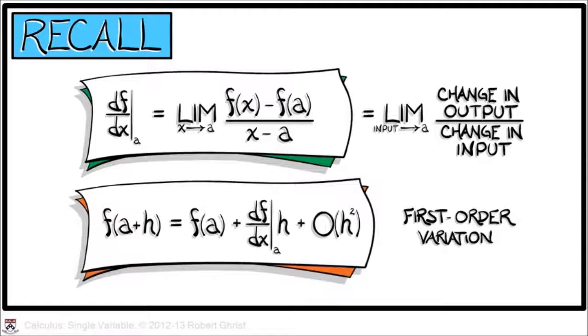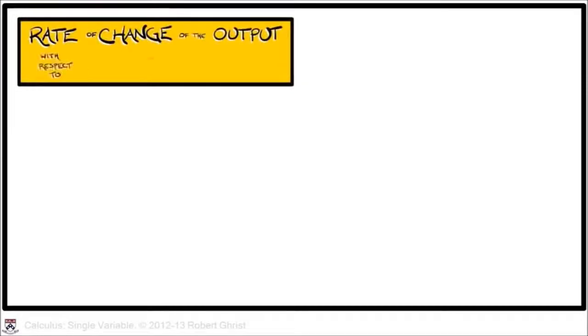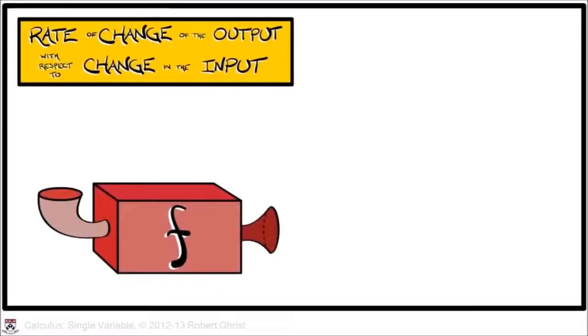One changes the input to f by a small amount, h, and looks at how the change in the output depends upon h. If you like, it's the coefficient of the first-order term in the Taylor series of f at a. From these definitions flows the interpretation of the derivative as the rate of change of the output with respect to change in the input. And this is the interpretation that you will want to have memorized.